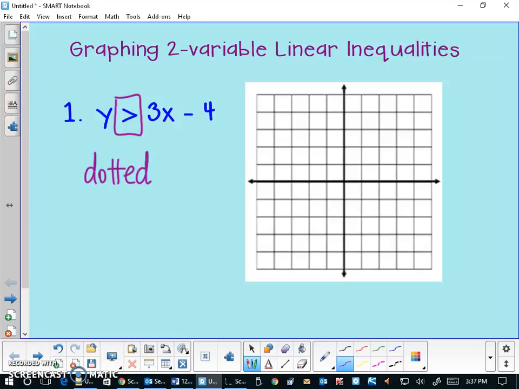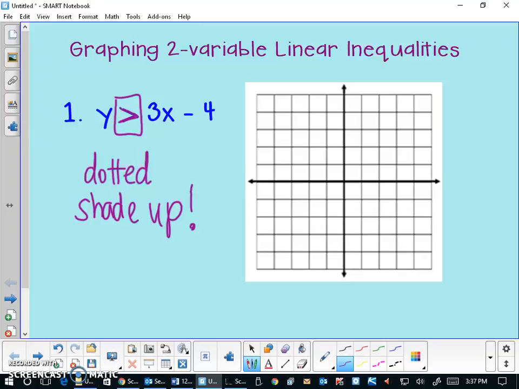The equal to sign would mean solid, but this one doesn't equal, so it's dotted, which means none of the points on the line are included as solutions. And since it's a greater than, we are going to shade up.